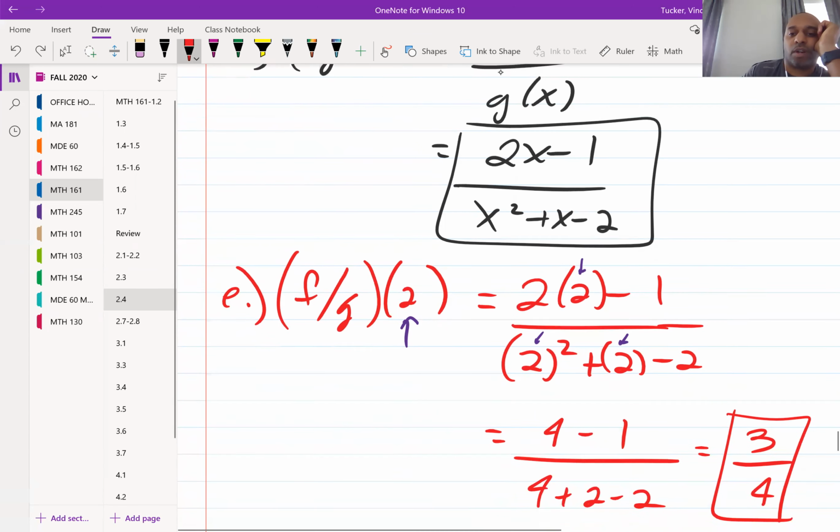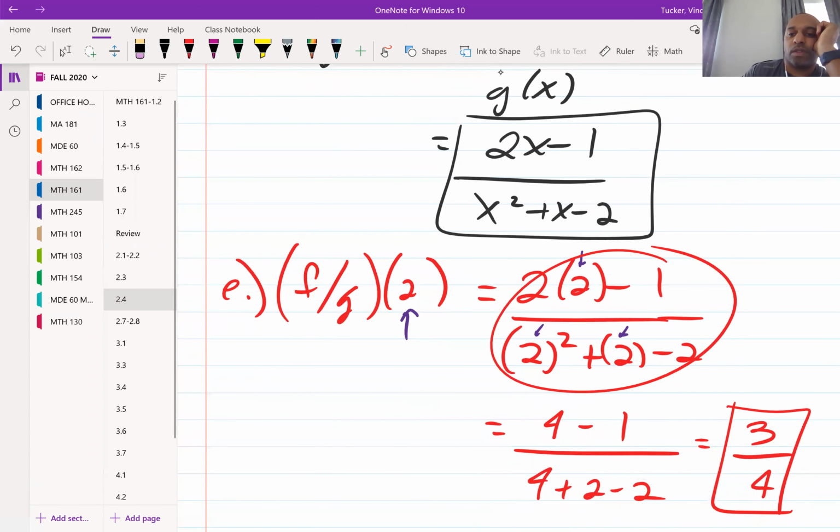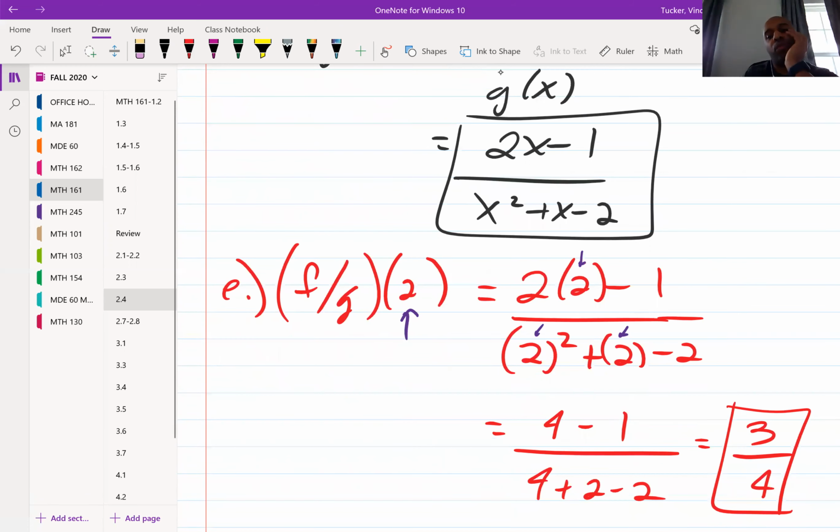And that's what I did right here. So it's 2 times 2 minus 1 over 2 squared plus 2 minus 2. We're going to simplify that. 2 times 2 is 4 minus 1, which is 3 on top. 2 squared plus 2 minus 2 gives you 4 down bottom.